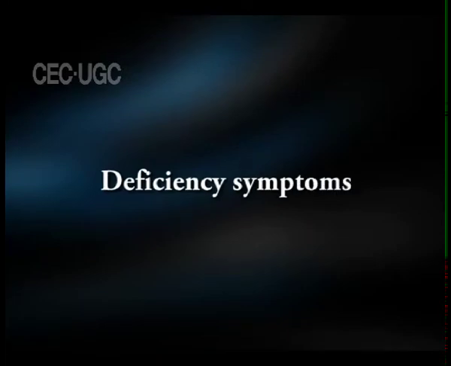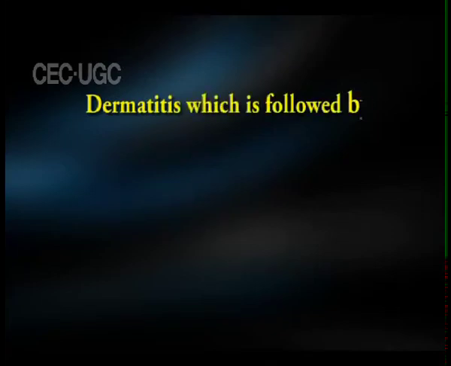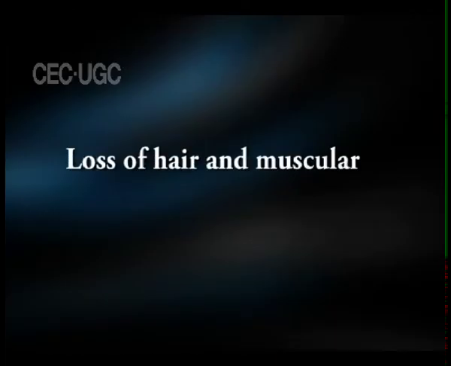Deficiency symptoms. Its deficiency in human beings causes dermatitis, which is followed by anorexia, muscular pain, and hyperesthesia. In rats, its deficiency leads to loss of hair and muscular control.